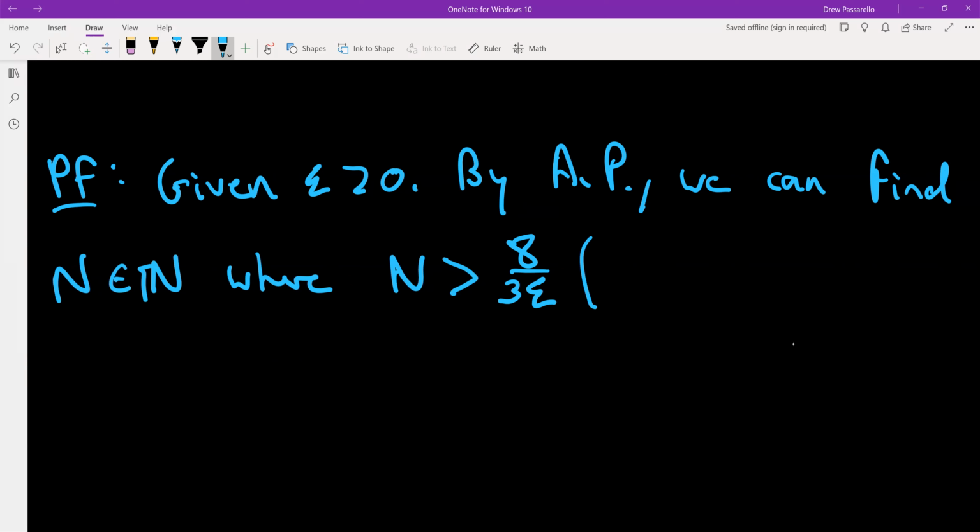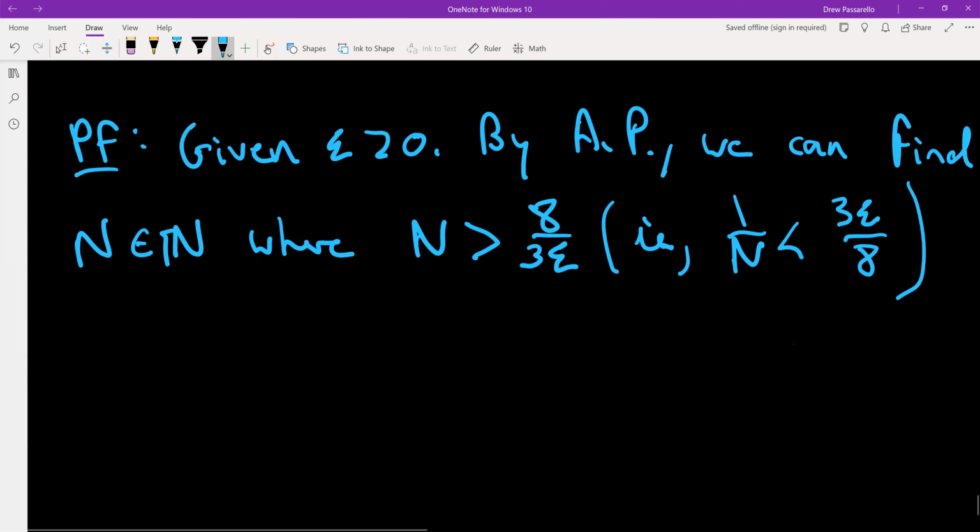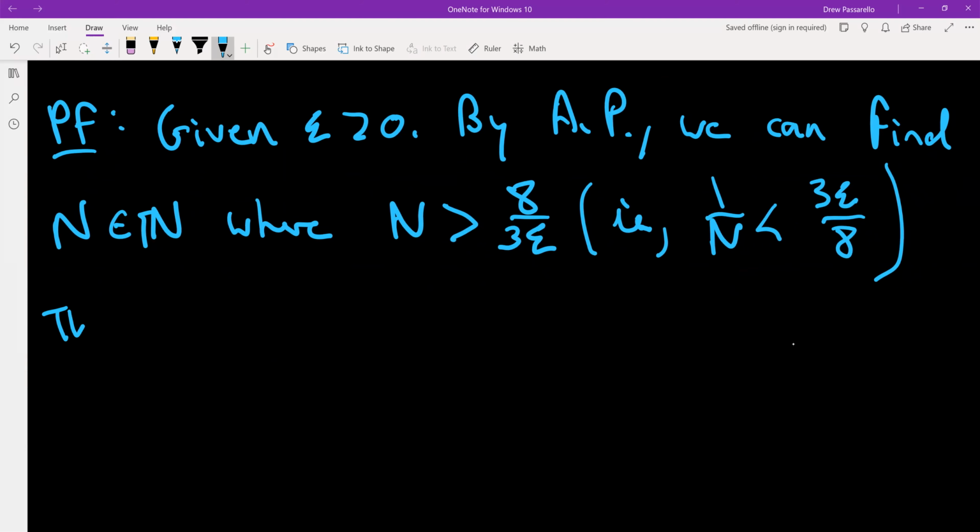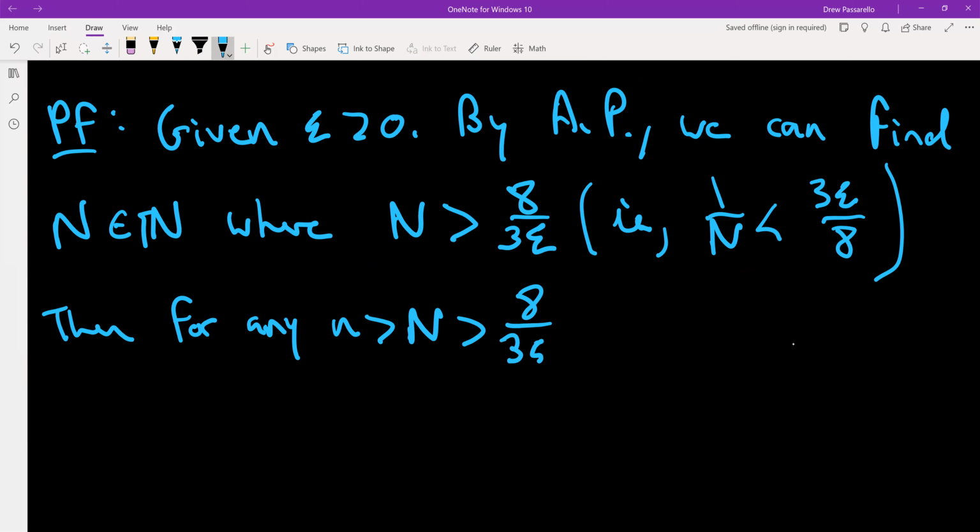So this means, in other words, 1 over capital N is less than 3 epsilon over 8. Then for any little n bigger than capital N, and again, our capital N is bigger than 8 over 3 epsilon, we have the following.